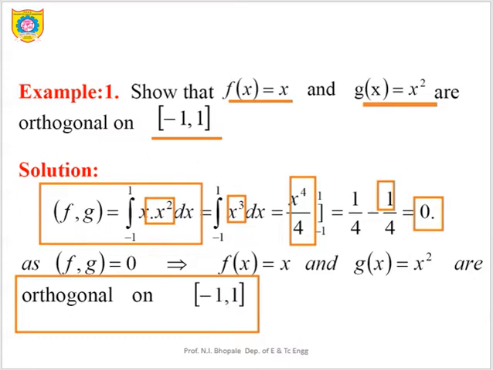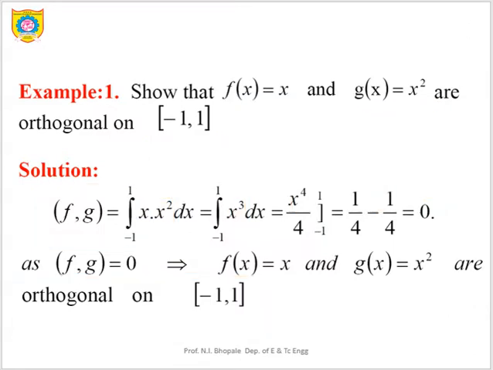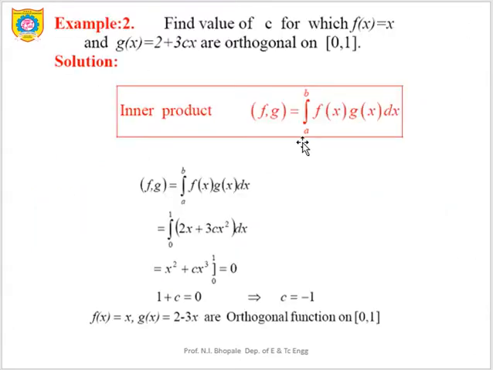Now let's consider the next example. In this example it is quite clear that we are asked to find the value of c for which f(x) and g(x) are orthogonal on 0 to 1.